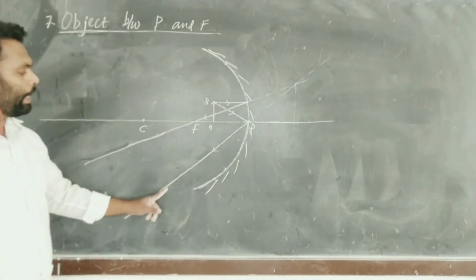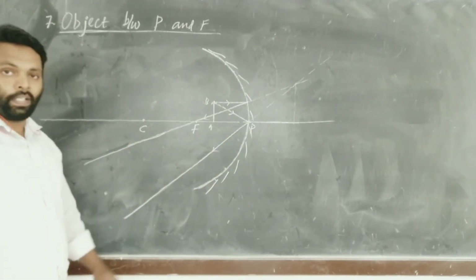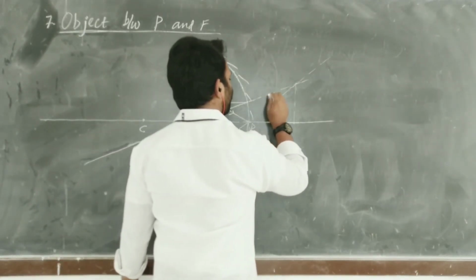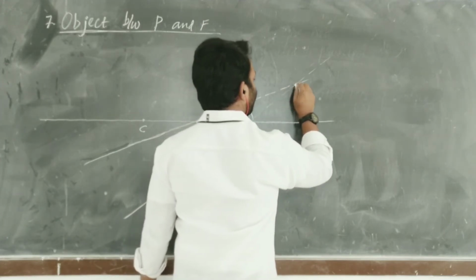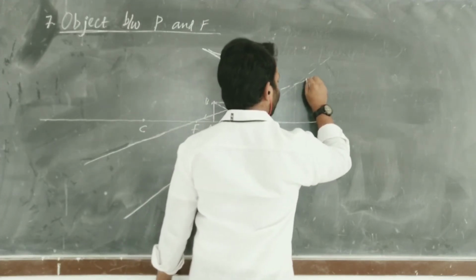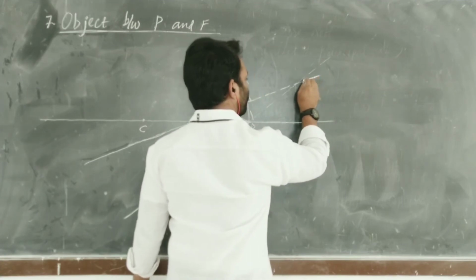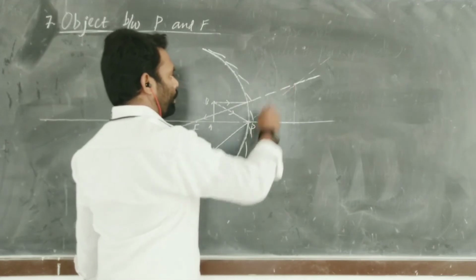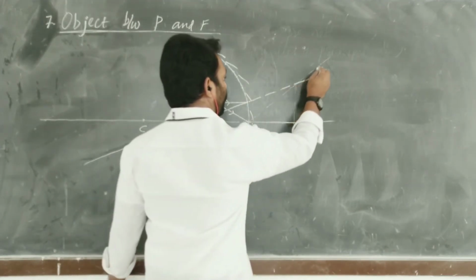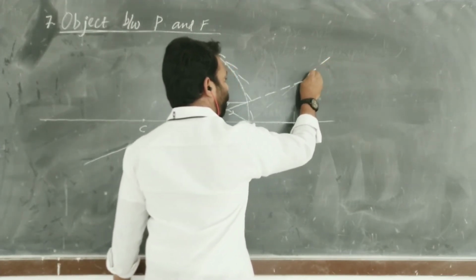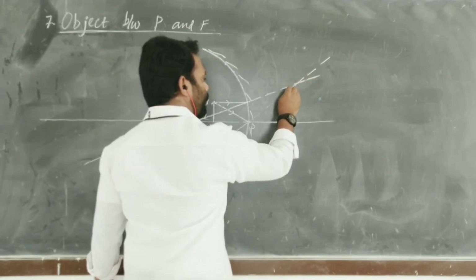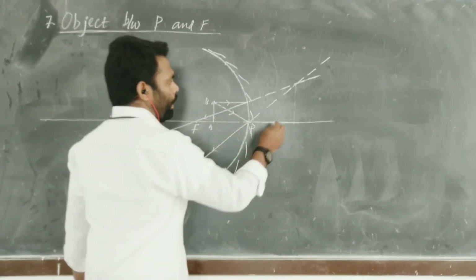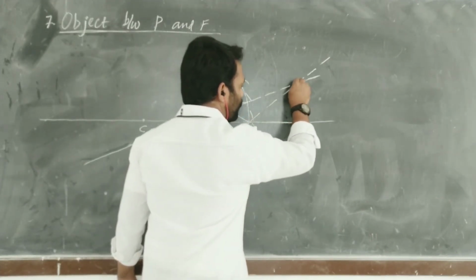These two reflected light rays are not parallel; these are divergent light rays. If we extend them in the backward direction, this is the first reflected light ray extended backward, and this is the second reflected light ray extended backward. These two reflected light rays appear to meet at this point.